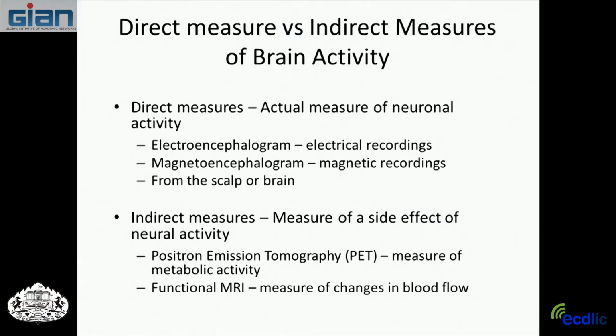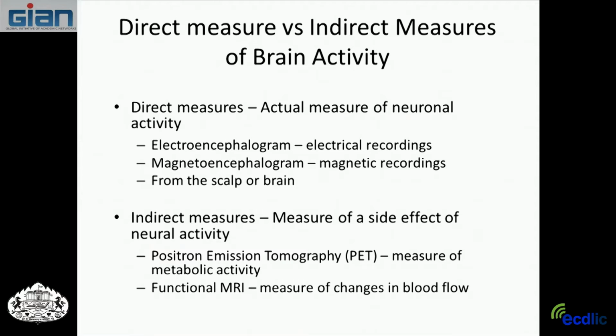And we talked about indirect measures. These are measures of the side effects of this neural activity. For example, PET is a measure of metabolic processes going on within the brain, such as glucose metabolism, blood flow, and different levels of neurotransmitters that are released in response to different processes or different functional states, such as somebody taking drugs versus somebody not taking drugs.